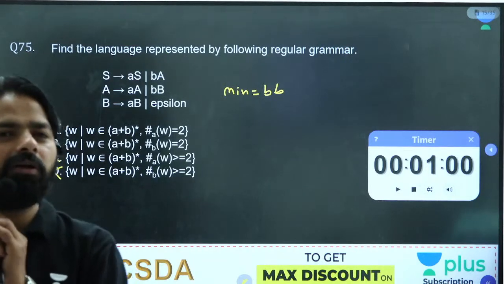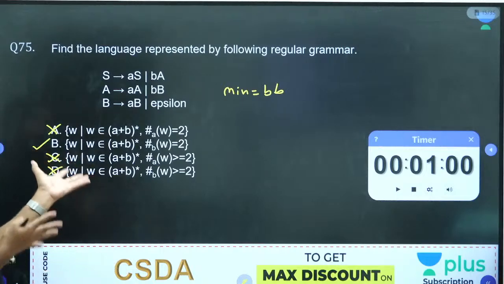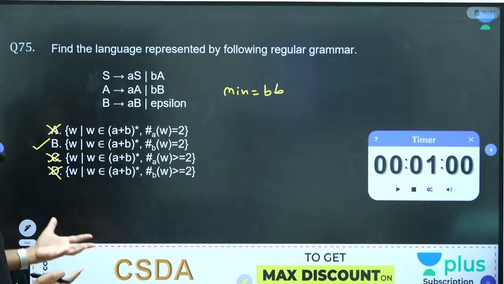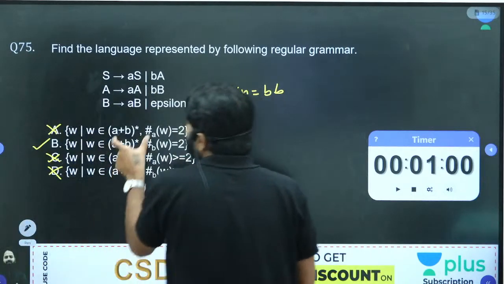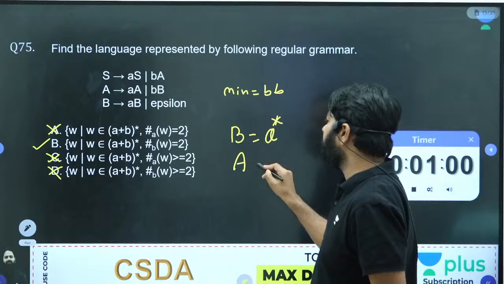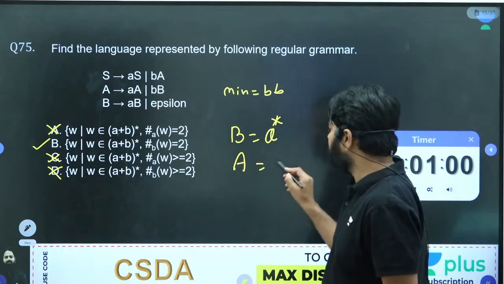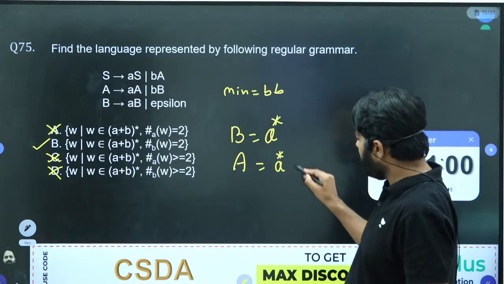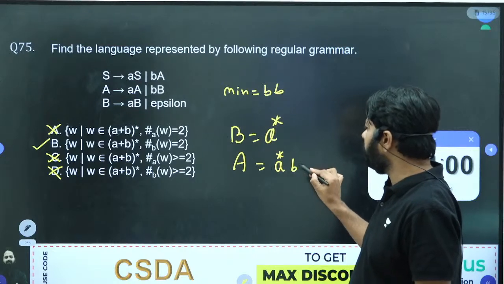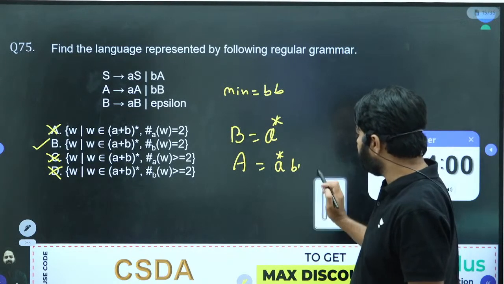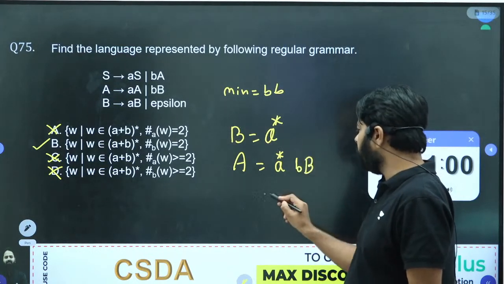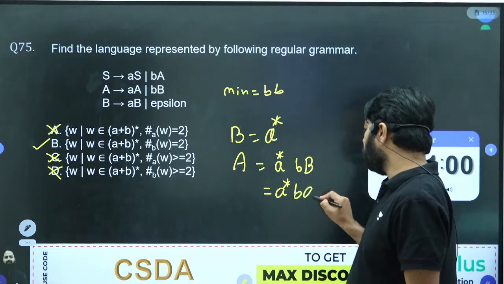Have you seen? I did not even understand what the whole language is, but just with the grammar, we concluded. If you want to understand the whole language as it is, you should prove it. Capital B is just A star, and capital A is A star followed by B, then capital B, which is A star.